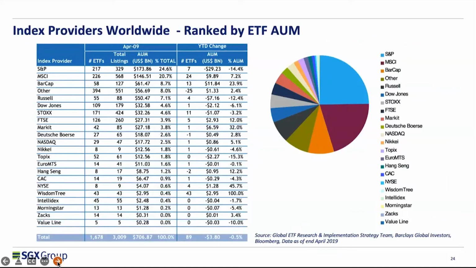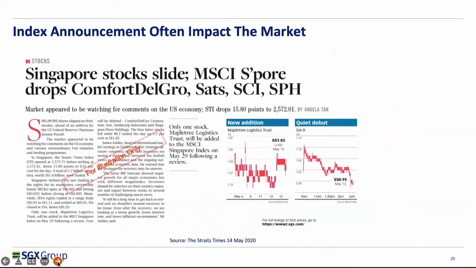And bear in mind that these index providers, in today's context, are a very powerful force in the investing universe. Why is this the case? Can you imagine just an announcement by the index provider to change certain composition will be enough to move the market? So this is an example.